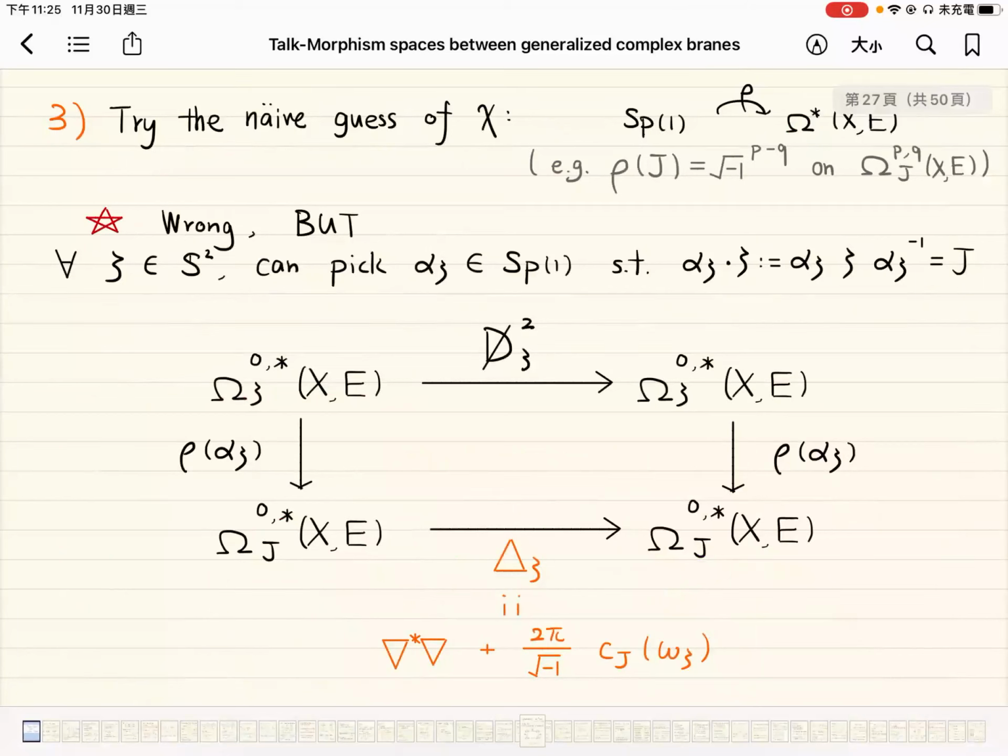The third step is that we first use the naive guess of the SP1 action to see what happens. So the naive guess would be the one naturally defined by the hyperkähler construction IJK.